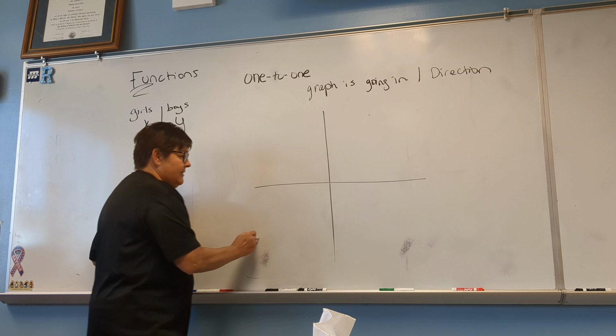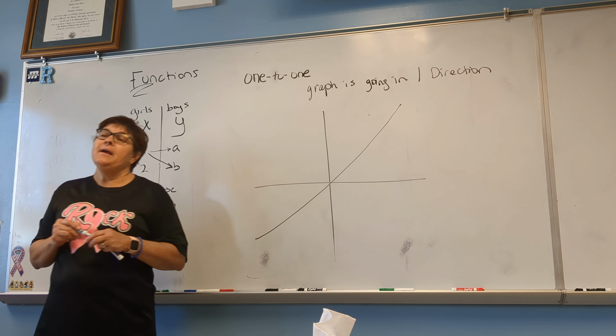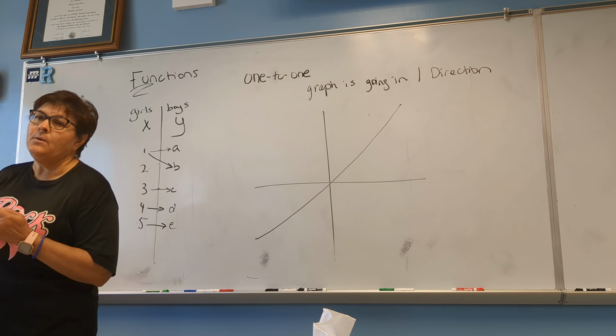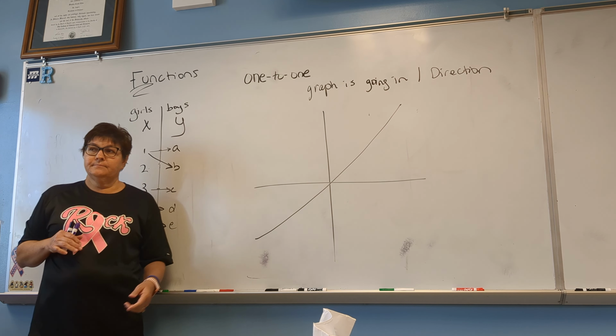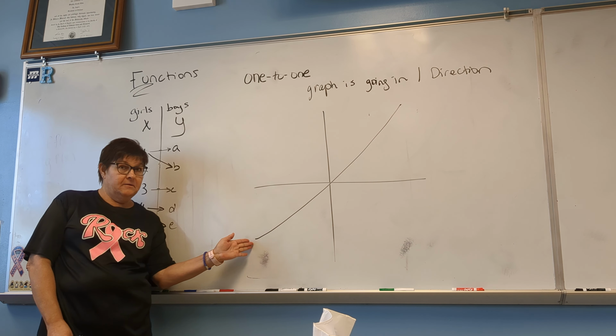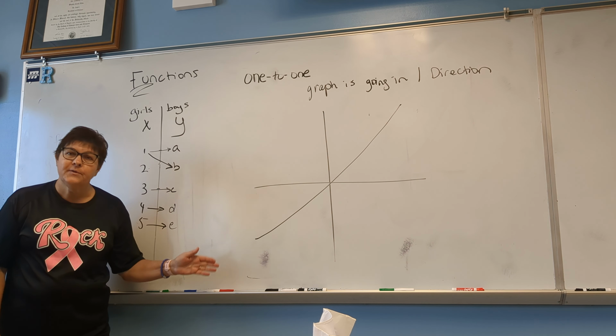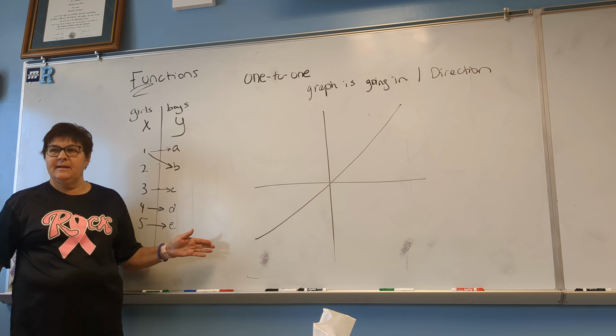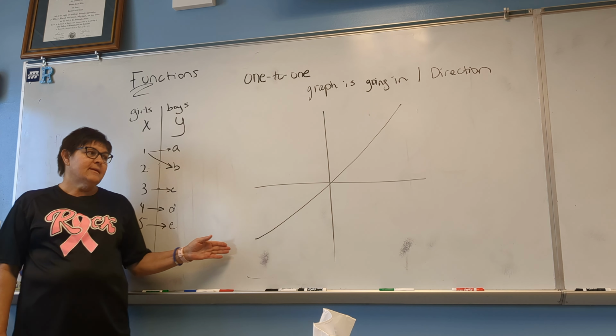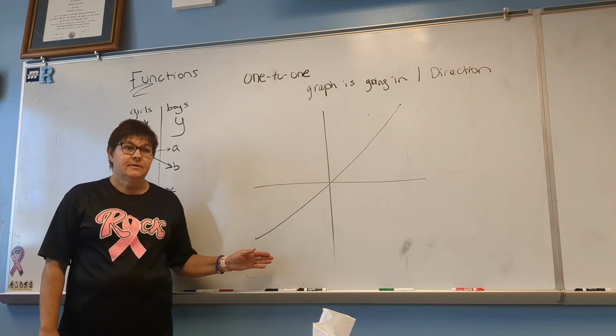So if I'm looking at this graph and I start from the left, where am I going to start? Here, right? Tell me verbally, describing it to me, say I don't know what it looks like, tell me what's happening to this graph.